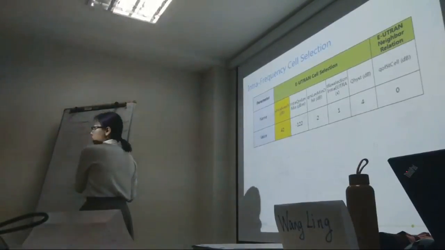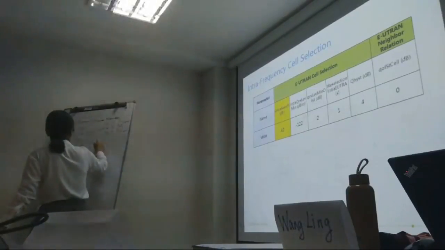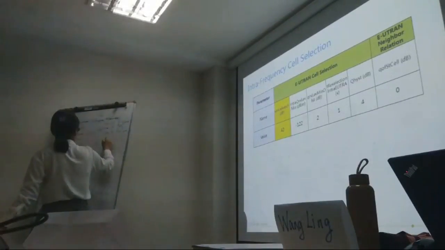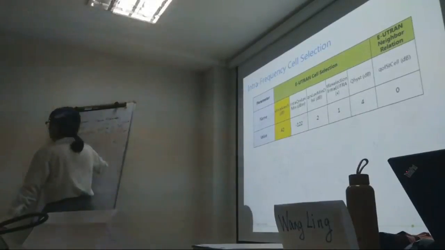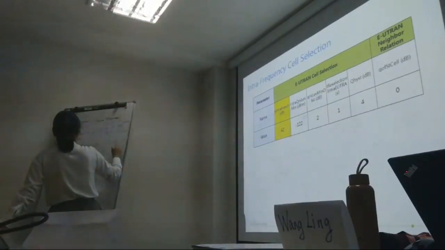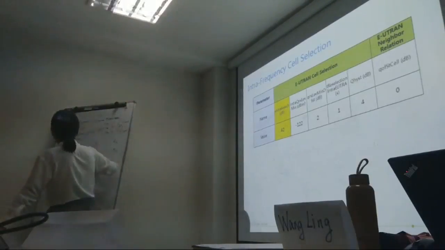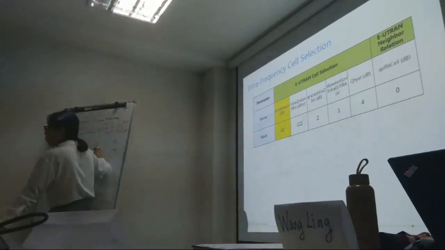We want Rn to be greater than Rs, so we want Mn greater than Ms. It's similar here, but we need to add some parameters.